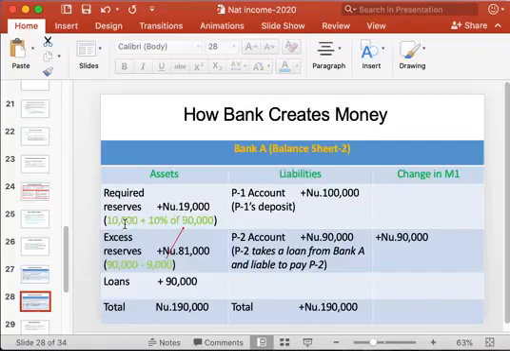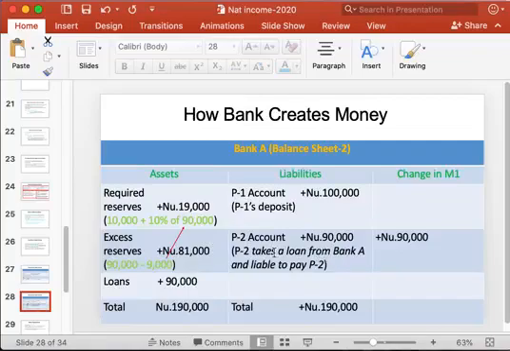So 10,000 plus 9,000 gives 19,000 required reserve. Because the required reserve increases by 9,000 here, the excess reserve reduces by the same amount. So 90,000 minus 9,000 gives you 81,000.